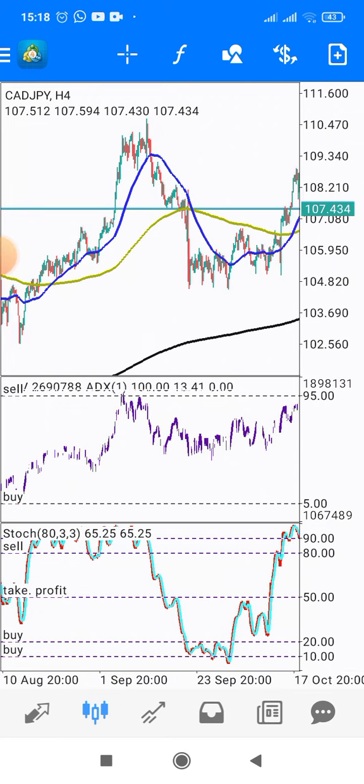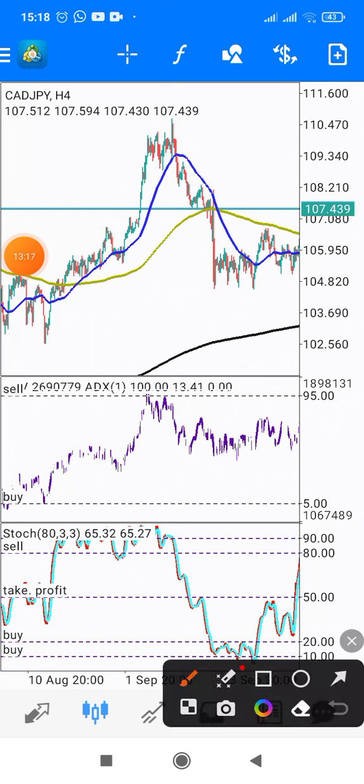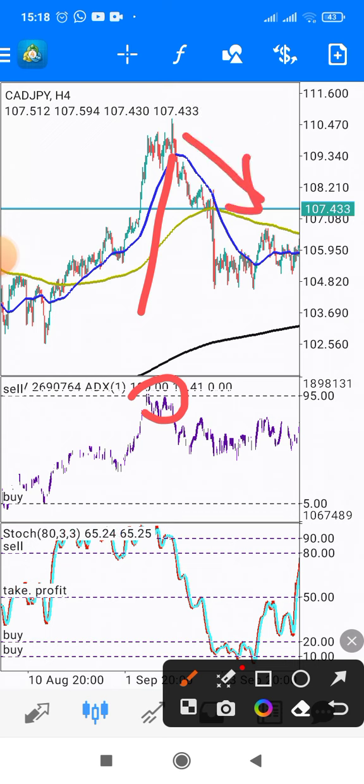At that point, two conditions have been achieved. One, we've reached the maximum point in the market and our trend has changed. Then stochastic gives us the best level to enter the market. So we enter our market at level 80.